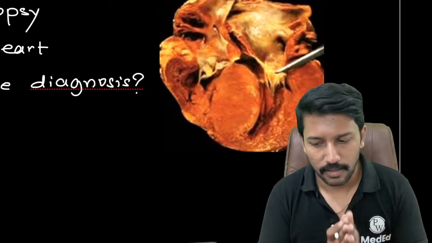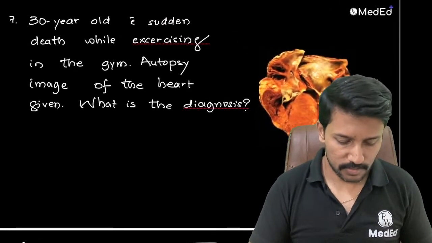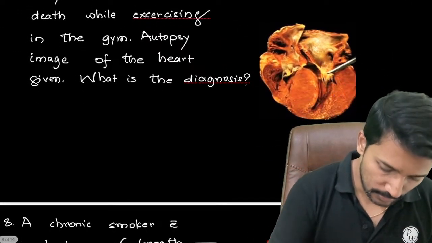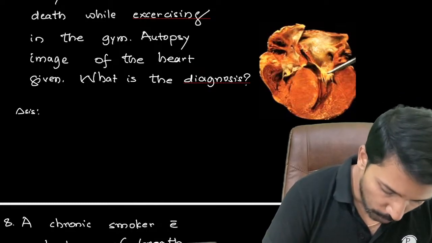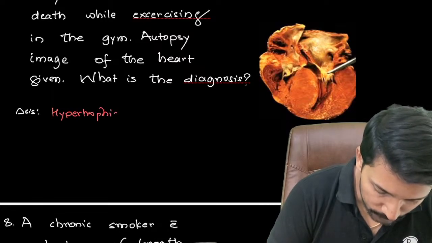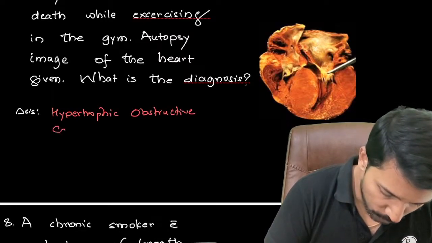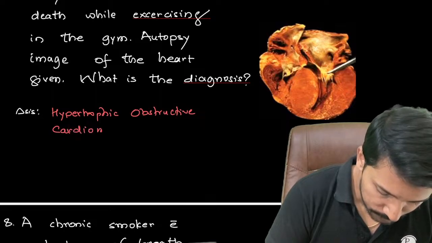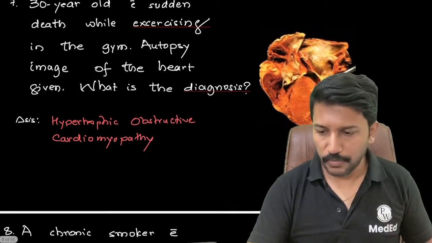It is the banana shaped left ventricle. So the diagnosis, as I've already told you, will be hypertrophic obstructive cardiomyopathy, or HOCM.